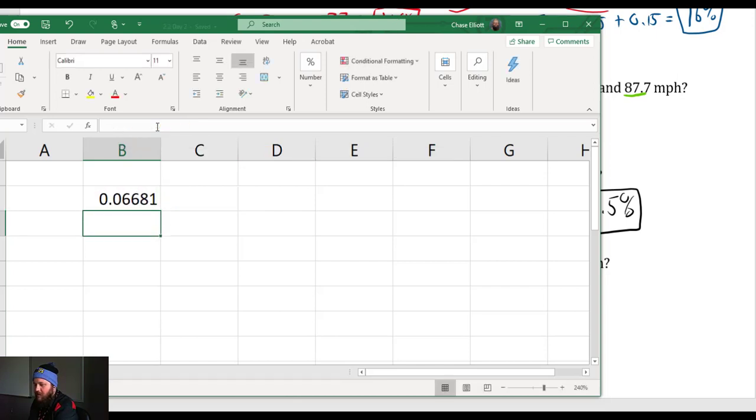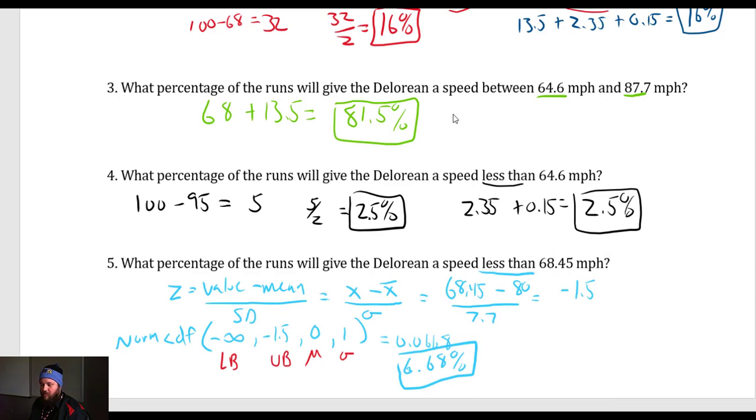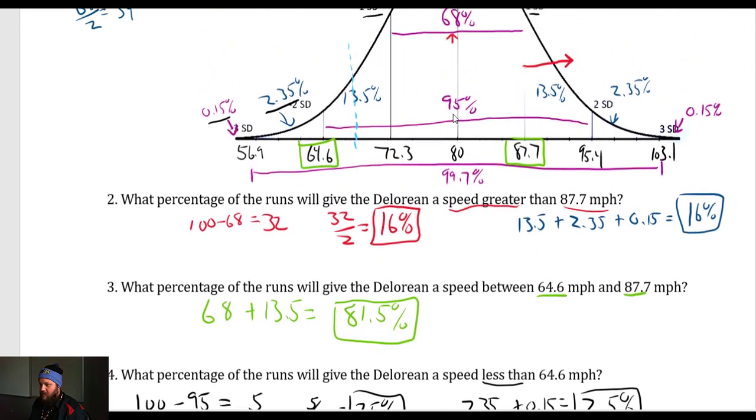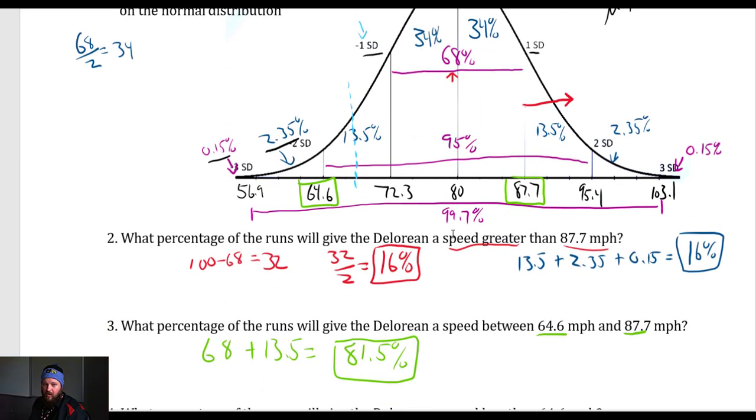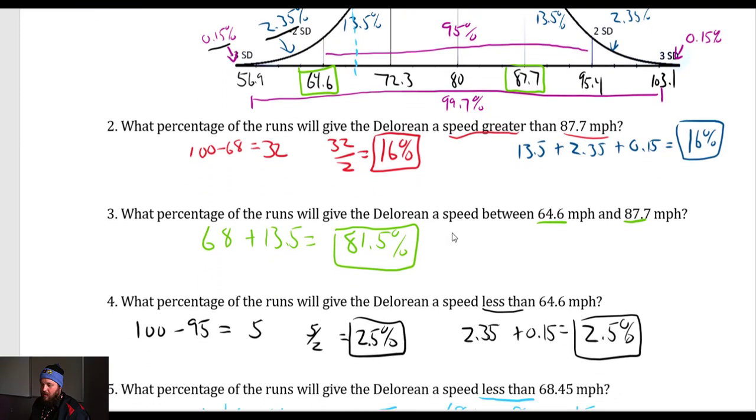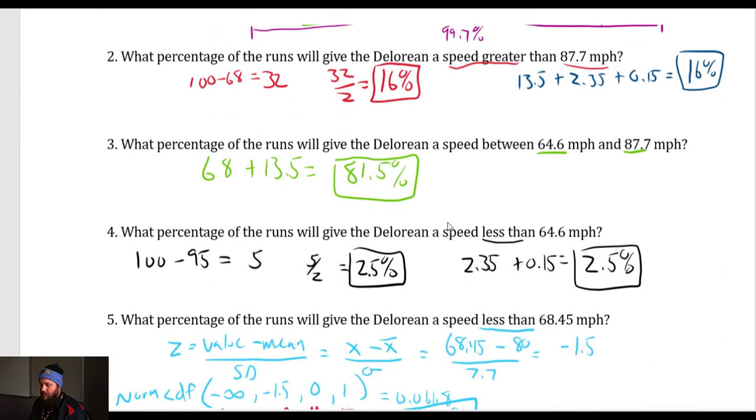Now close parentheses and enter, and look at that, it gives us 0.0668, the same answer right there, okay? So with what we've gone over so far, that is the 68, 95, 99.7 rule in a nutshell.